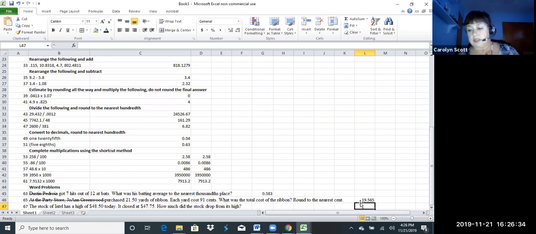And the answer is $19.56.5. We know that we're not going to be charged 0.5 cents, but that 5, since it is a 5 and not a 4, affects the cents in the hundredths place, and we will be charged $19.57.